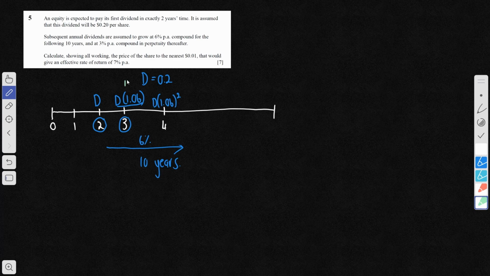So the first year of growth will be at time 3, which means that the second year of growth will be at time 4. So we are interested to know where the 10th year of growth should go on this timeline. So we want to calculate the value of t, and we're also interested in the value of the cash flow, which will be of the form D times 1.06 to the power n.